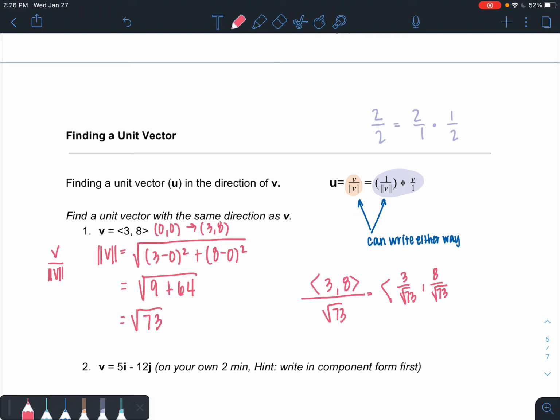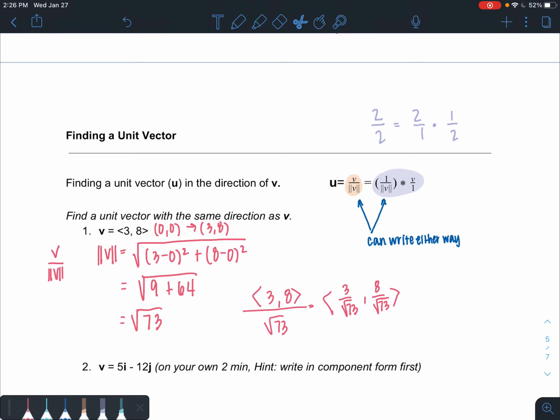I don't like radicals in the denominator, so I'm going to multiply each of these by radical 73 over radical 73, which is a form of 1.